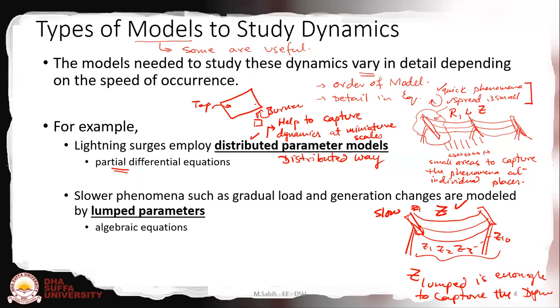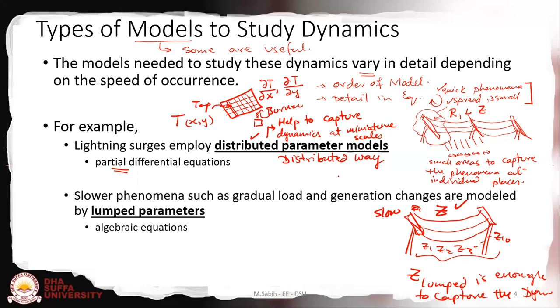If you want to have a temperature profile, you have to divide this into smaller scales, and then you may have a partial differential equation to get this temperature, for example, dT with respect to x and dT with respect to y, so that at every coordinate x and y, you are able to get a temperature profile. So this is for temperature.